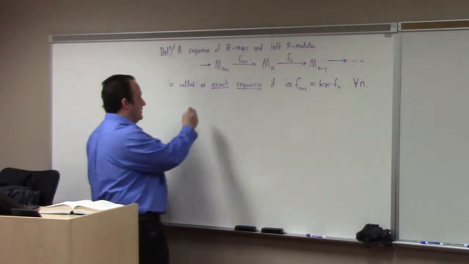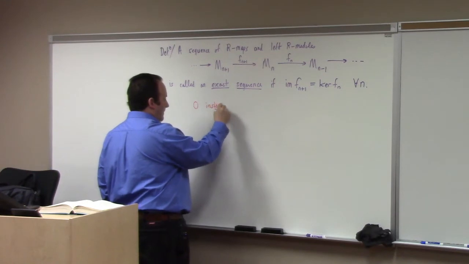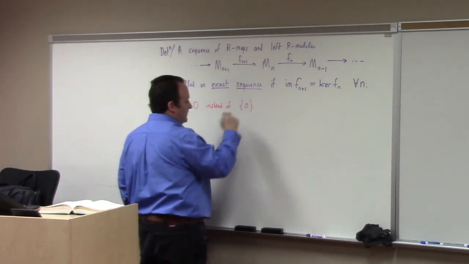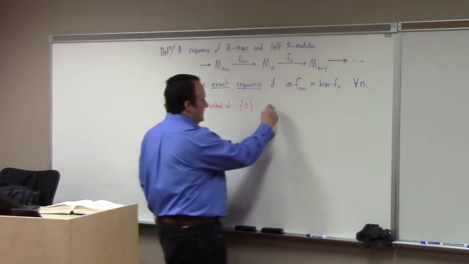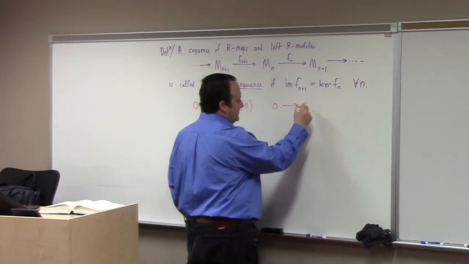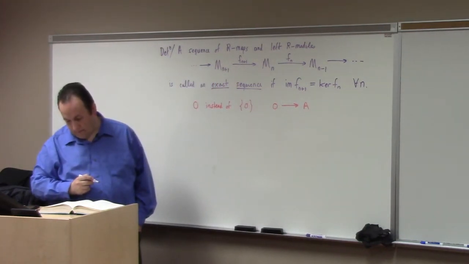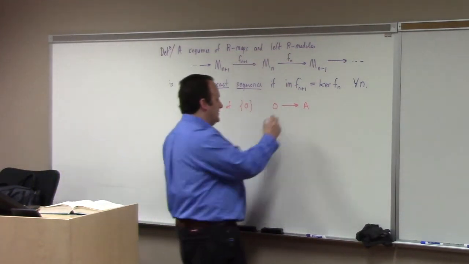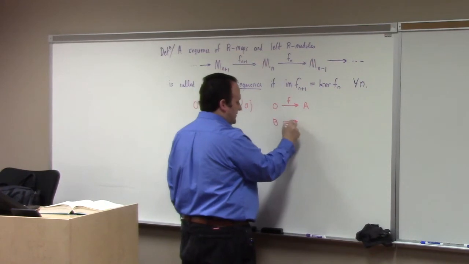There's a little bit more. So we just write 0 in these diagrams. In fact, what he says is really, there's no need to label this f, and there's no need to label this g.